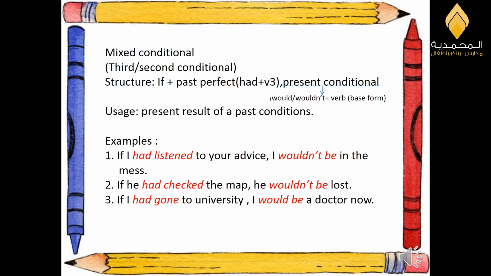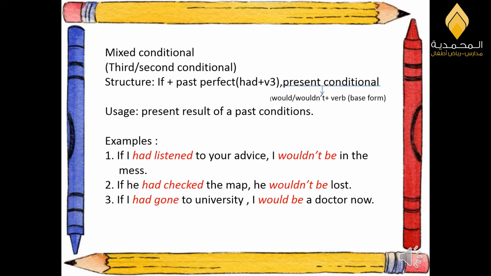I want to ask you two questions. The first one, am I in a mess now? Yes, I am in a mess now. Did I listen to her advice? I did not listen to her advice. So, I'm saying that if I had listened to your advice, I would not be in the mess.